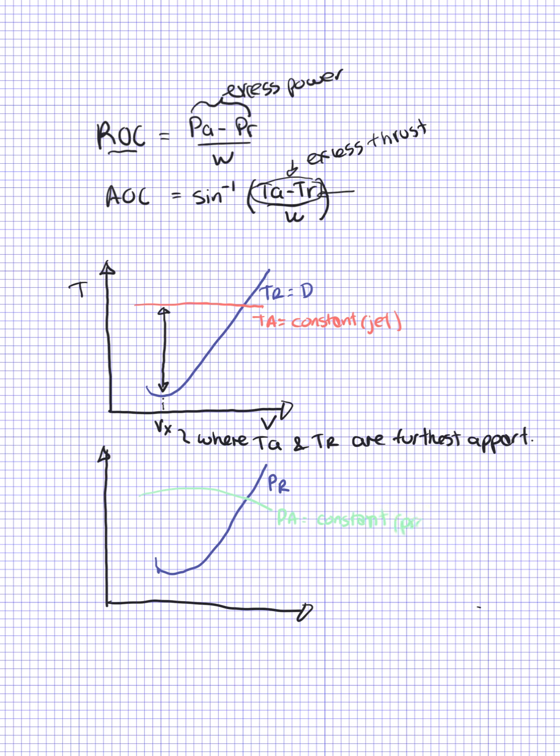The point where power available and power required are farthest apart is going to be my Vy. So right here is going to be Vy, where power available and power required are furthest apart.